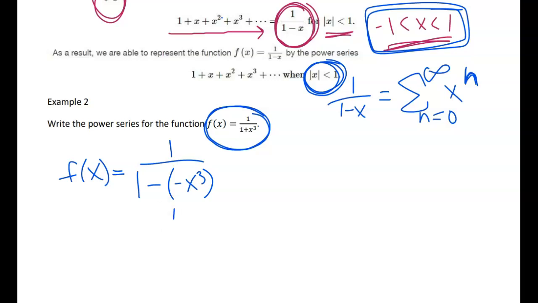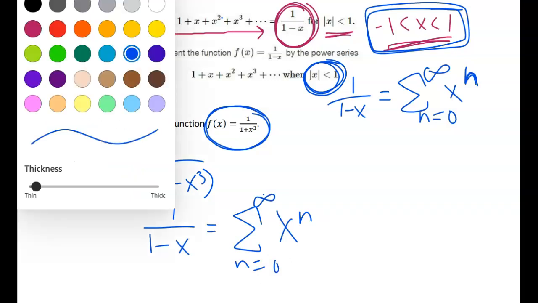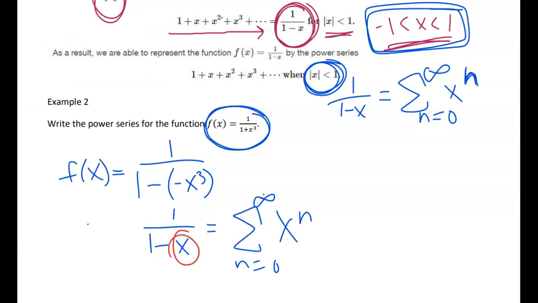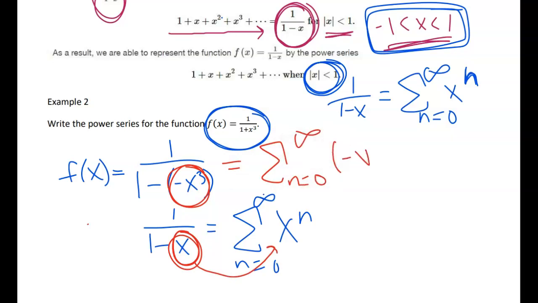And I know that 1 over 1 minus x is this series, n equals 0 to infinity of x to the n. Well, think about if I'm then plugging in, instead, negative x cubed. And so in place of x here, I could write this as the series of negative x cubed to the n.